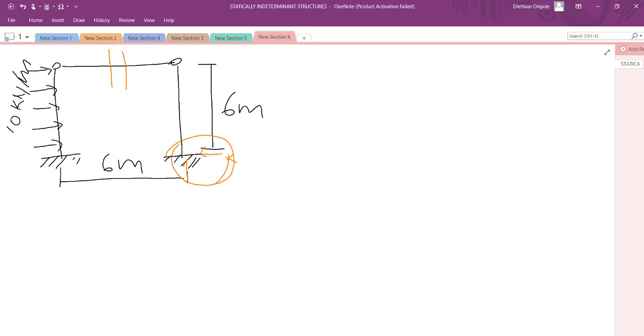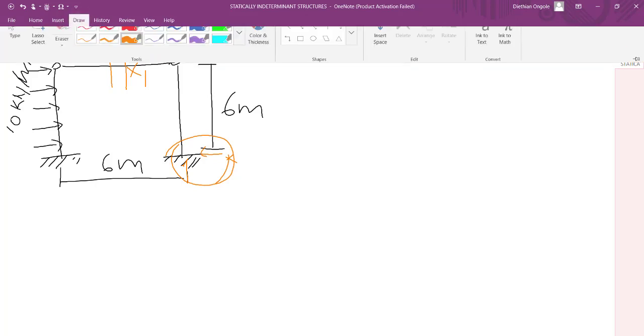Since it is axial, it will only have one force, that is the axial force x1 on that side, and then also on this side x1. So that would be the best way to deal with this. With that in mind, we go on with our process of calculation.